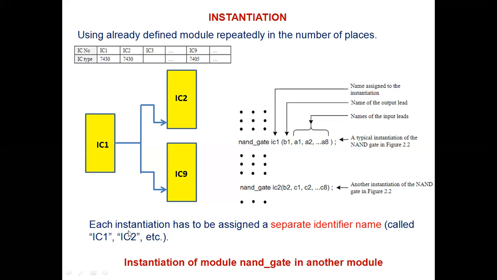Remember this: each instantiation has to be assigned a separate identifier name, like IC1, IC2, etc. That's what we have done here. This is the instantiation, NAND underscore gate; we are calling this already available module, and the name we mentioned here is IC1.